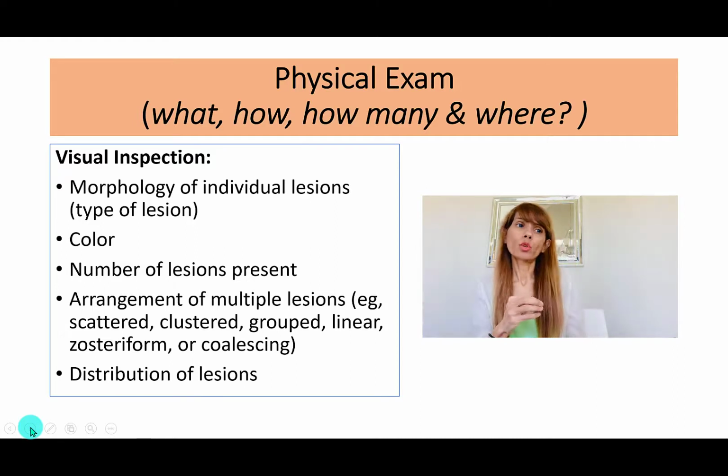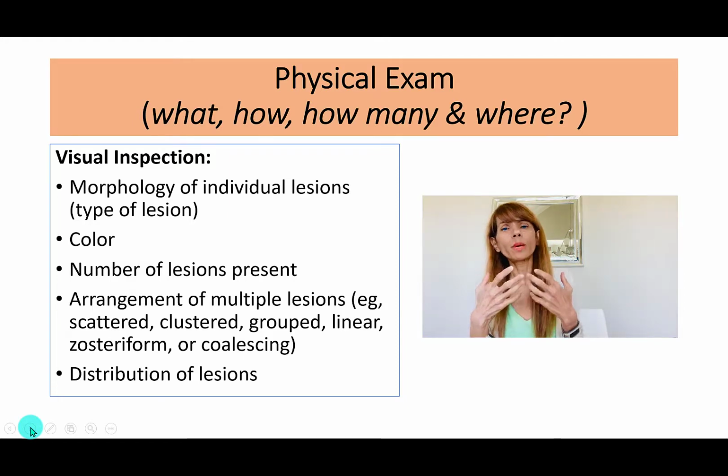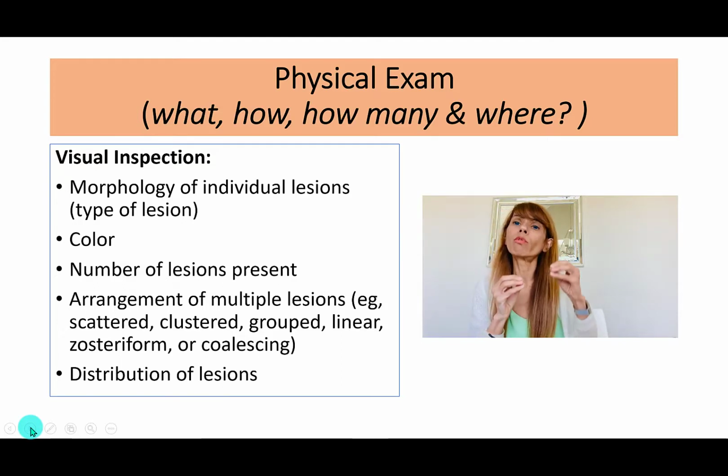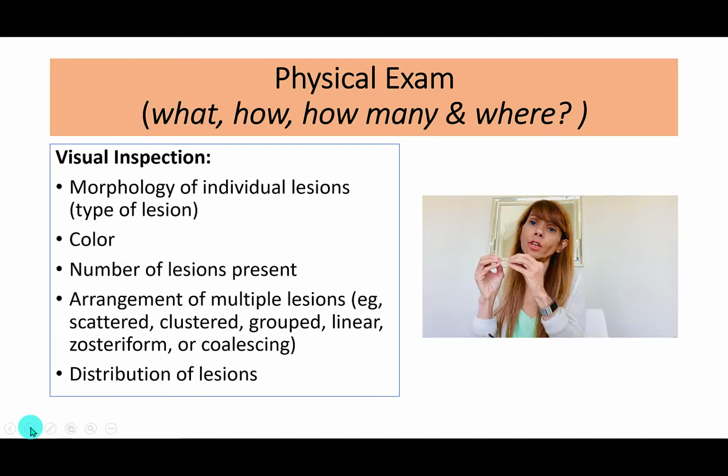So the physical exam basically involves looking at the lesion. You do the visual inspection and gather this information. You look at what, how many, and where. You see the color of the lesion, the description of the lesion, the morphology. You need to be able to verbalize what type of lesion it is: is it a macule, papule, pustule, vesicle, bulla, whatever it is.